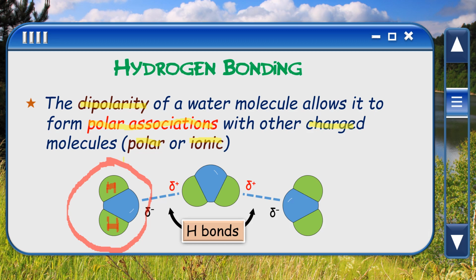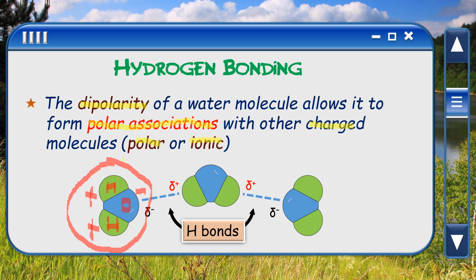But in the middle here, we have oxygen. The oxygen is partially negative, and the hydrogens are partially positive. Because of that, the water molecule is dipolar.